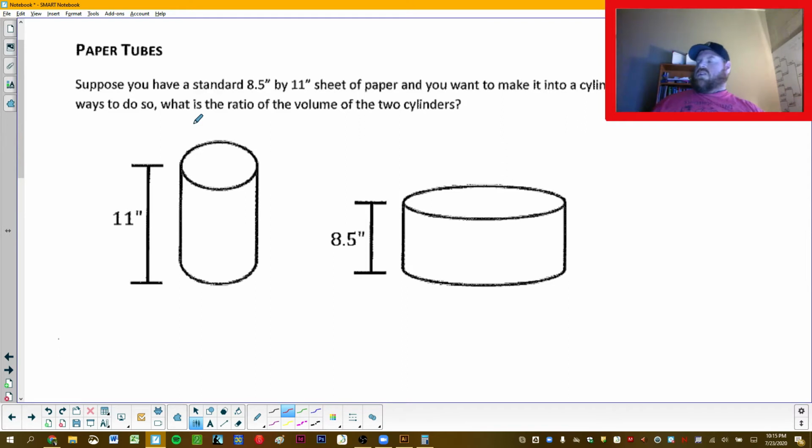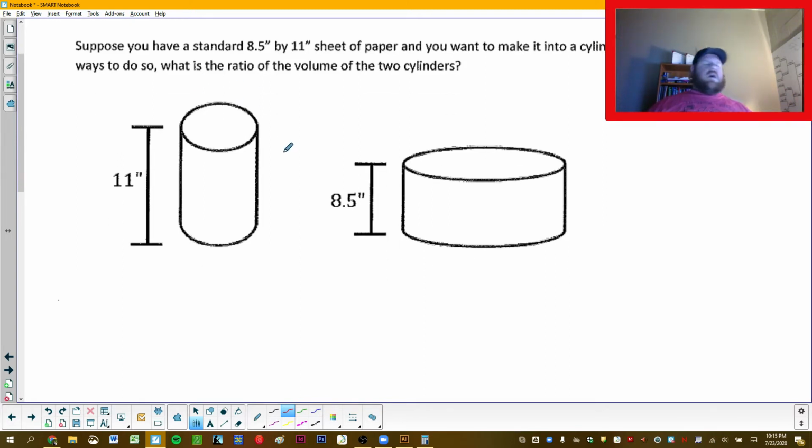And so the question is, what is the ratio of the two volumes? I would just say which one's bigger. Which one would hold more would be a decent way to think about that. The problem is these two pictures only give us one dimension or one measurement.